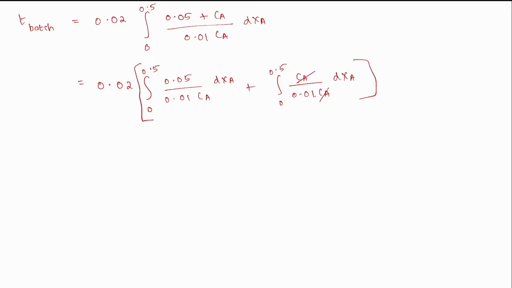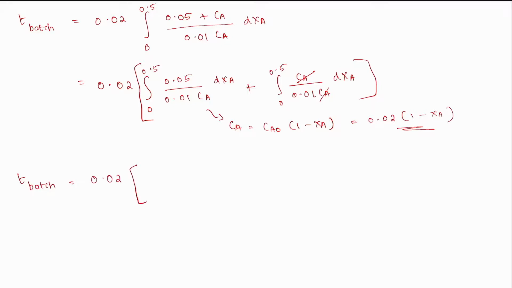So it is important to note here that Ca is a function of Xa, or the final concentration is a function of the conversion required. So this Ca will be equal to Ca0 into 1 minus Xa. So Ca is a function of Xa, and we can write Ca in terms of Xa like this.